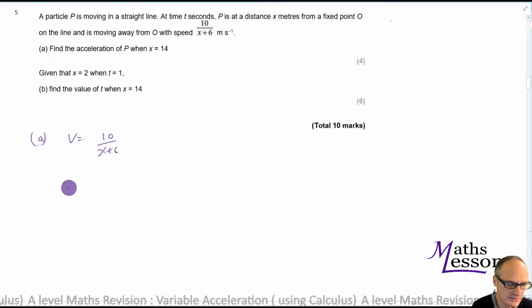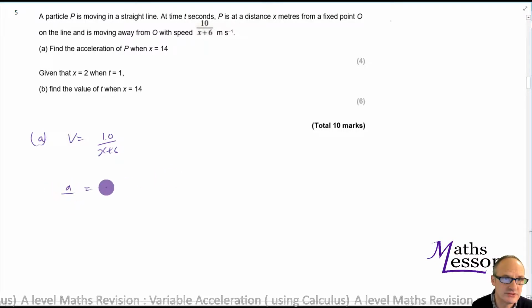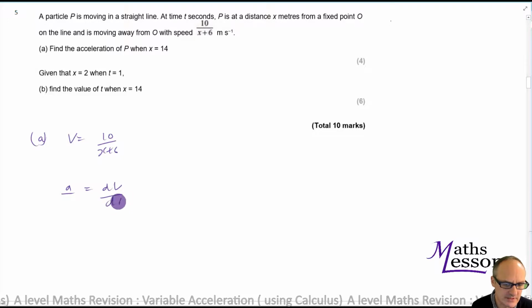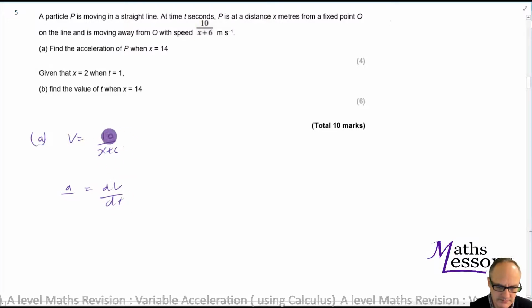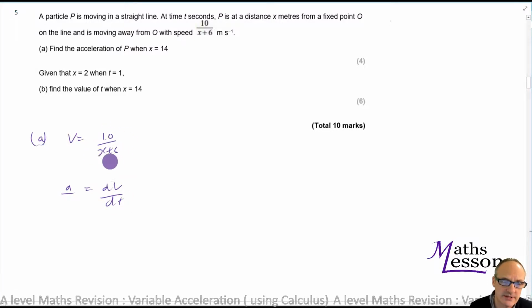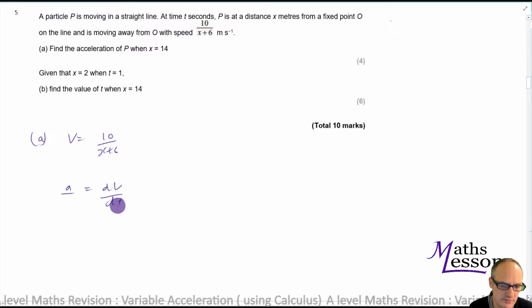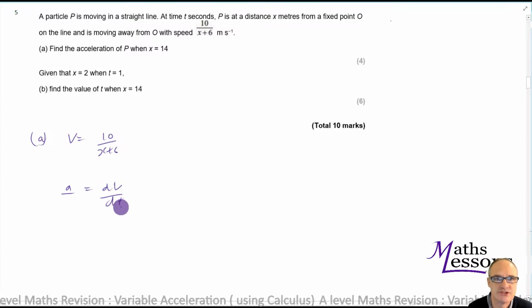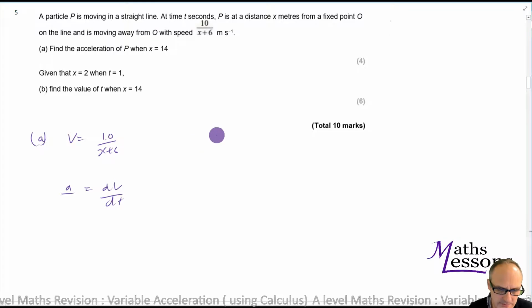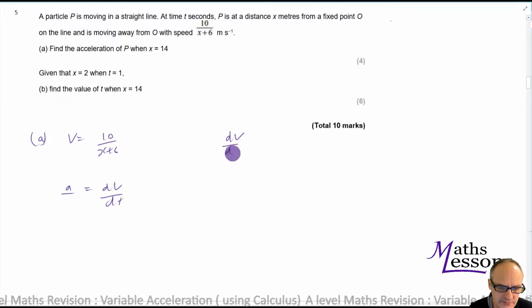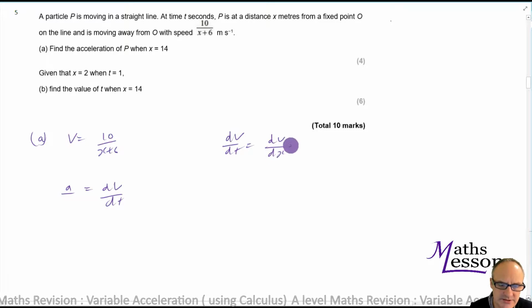Okay, and we want to find a, which is equal to dv by dt. Now, this isn't easy to differentiate, because this is an x and we want the thing to be differentiated with respect to t. But we do know from the chain rule that dv by dt equals dv by dx times dx by dt.